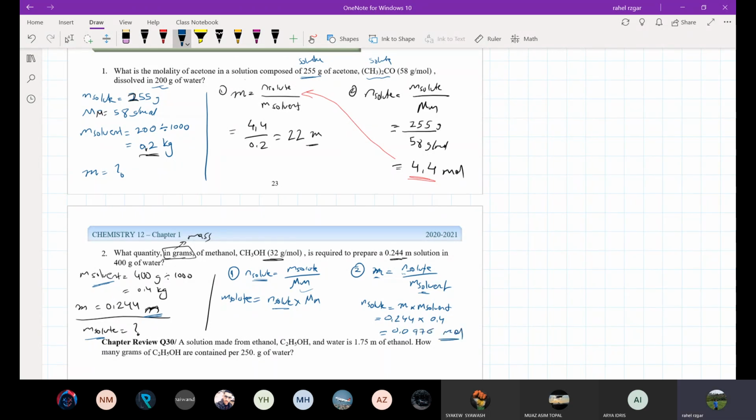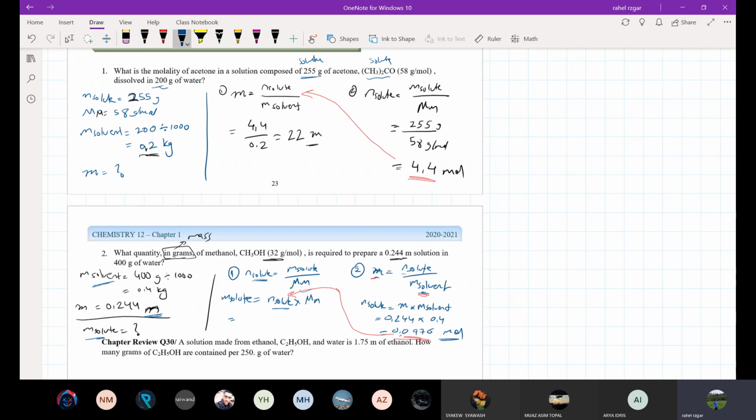What did you find? You found mole, just like before, but this time using molality and mass of solvent, exactly opposite of the previous question. Now this mole is put here in order to find mass of solute. See, it was exactly opposite of the previous question.